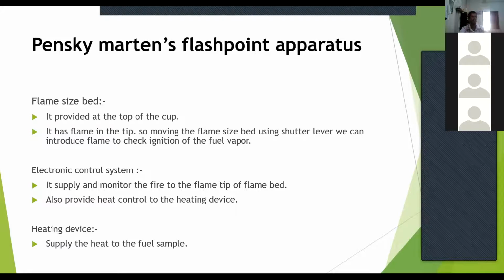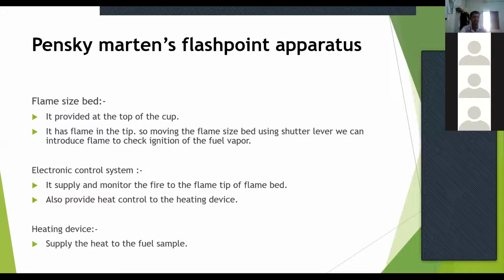The brass cup directly touches the heating apparatus, the heating oil. From that heating oil the sample gets the heat, and that's how we supply heat and increase the temperature of the sample.